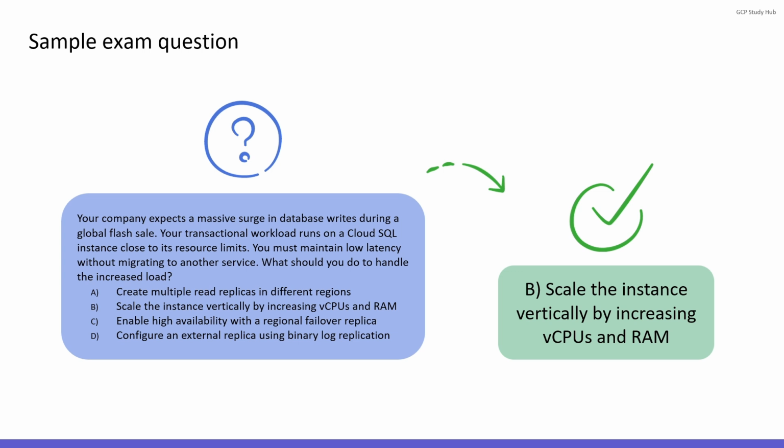This type of question is typical for the exam. You need to evaluate multiple approaches and choose the one that best balances performance and the constraints provided. The key is to assess both the business context, in this case a sudden flash sale, and the technical requirements to arrive at the most practical solution.